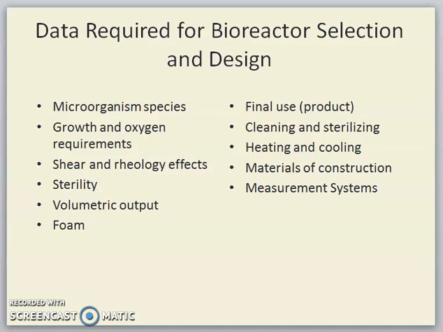Okay. The data required for bioreactor selection and design: we need to know the type or species of the microbes used, and we need to know the growth and oxygen requirement, whether it is aerobic or anaerobic. And the shear and rheology effect, because we have this agitation and mixing there.